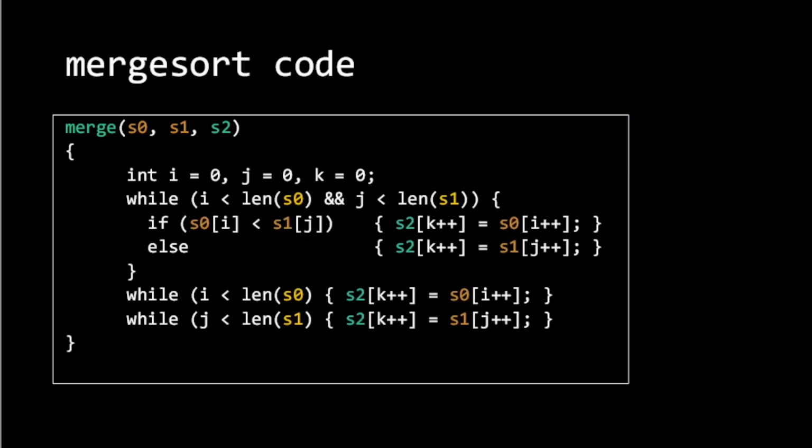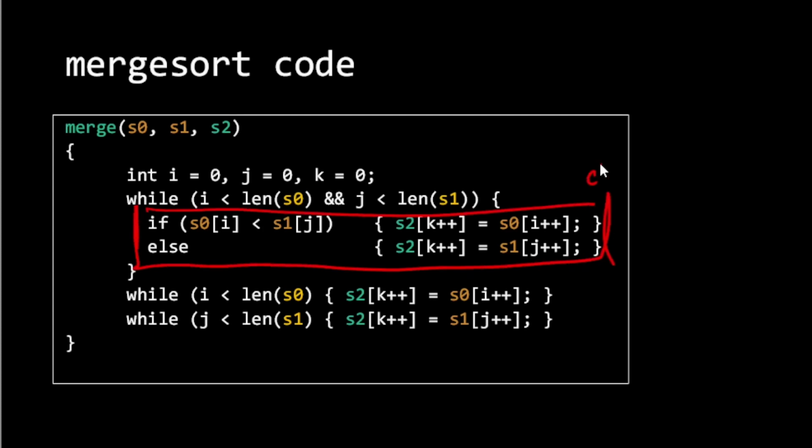Okay, and so here's what the actual code might look like. I think I got pretty close. Let's quickly go through this. So we initialize these indices. We're going to do this same loop, and we're going to choose. So here's where we choose which element to take.